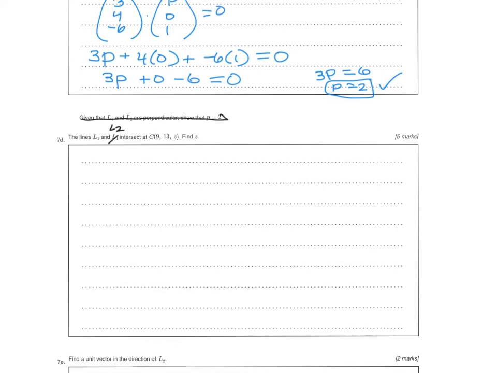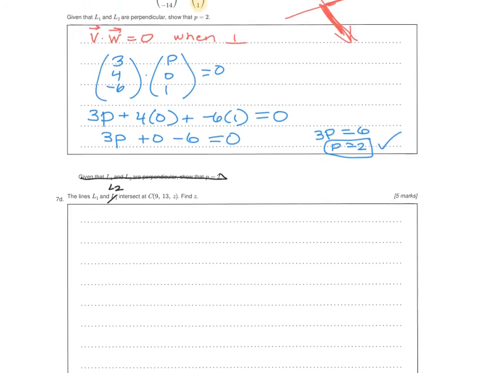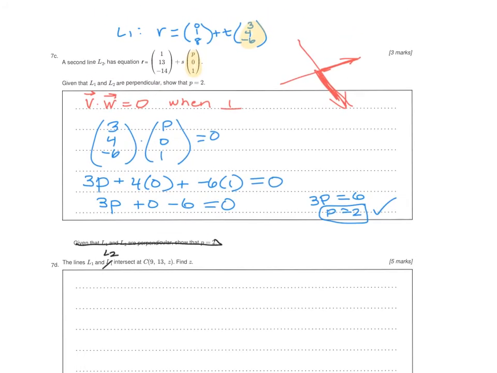In general, if we were finding the intersection of two lines, what I would recommend is to set the equations of the lines equal to each other. So it would say 0 plus 3t equals 1 plus p, which is 2, so 2s. 1 plus 4t equals 13 plus 0s.